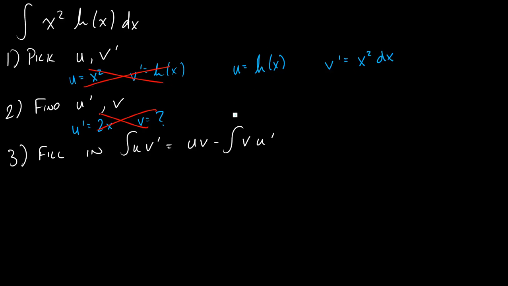Now, let's see what our u prime and our v would be. So u prime is going to be equal to 1 over x. V would be equal to x cubed over 3. So let's see what happens in our formula here.